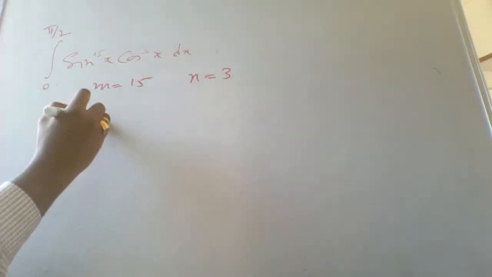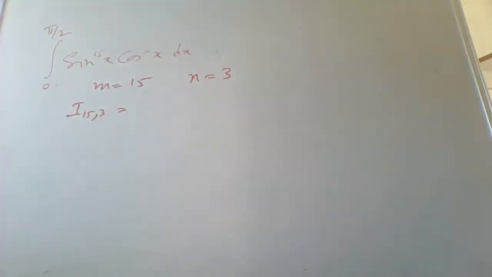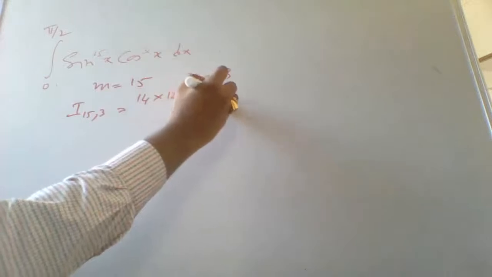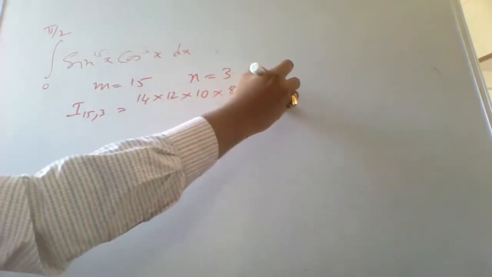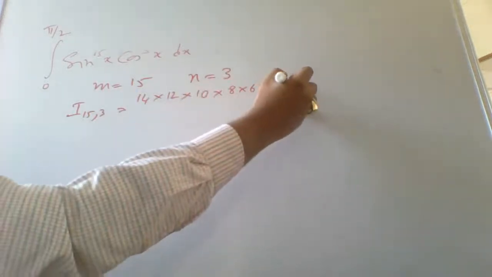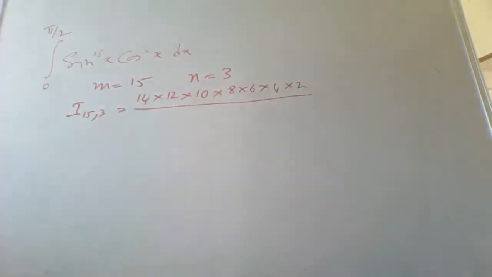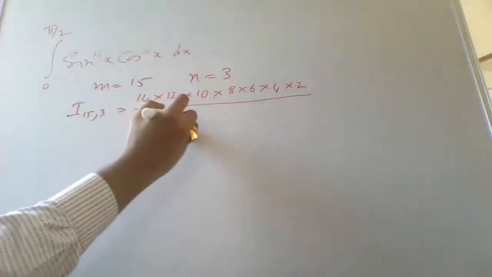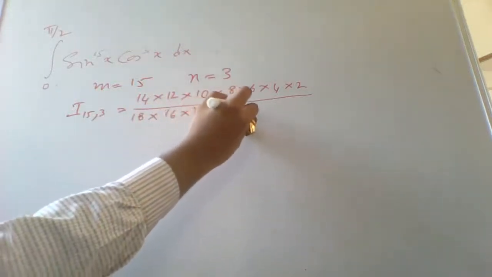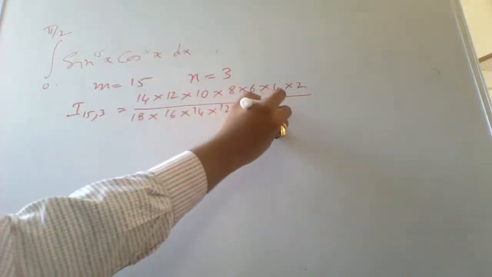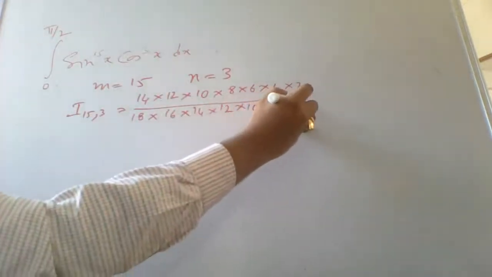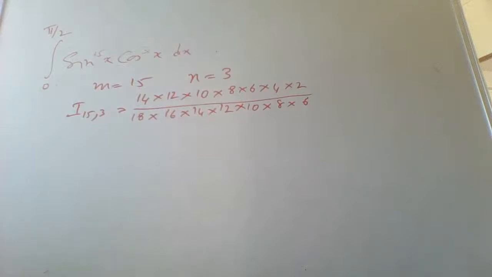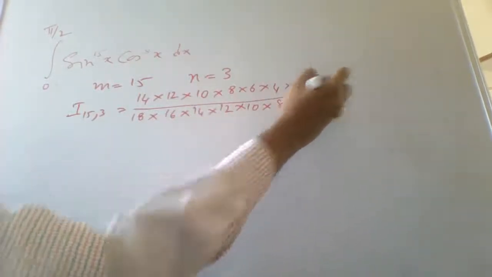So I(15, 3) is 14 into 12 into 10 into 8 into 6 into 4 into 2 divided by 18 into 16 into 14 into 12 into 10 into 8 into 6, and into 1 by 4.